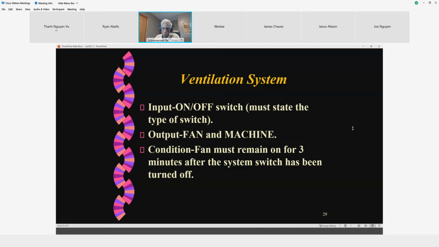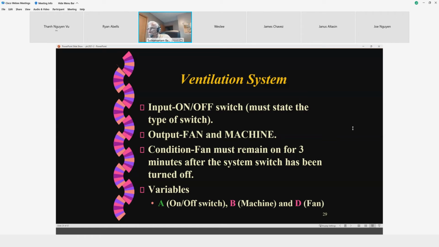So we are going to have the timer going for 3 minutes no matter what. Identify the variables. Letter A. I tend to use A, B, C, D, E, F for inputs and starting with U, V, W, X, Y, Z as outputs. Okay.